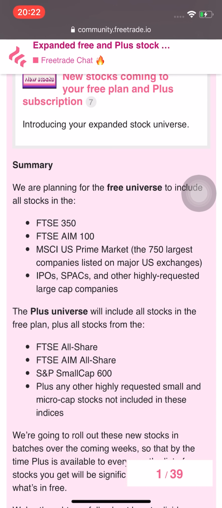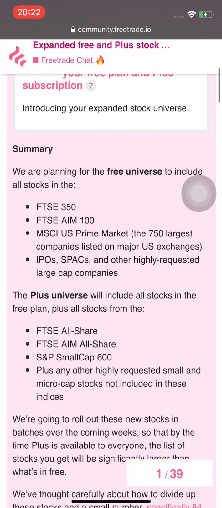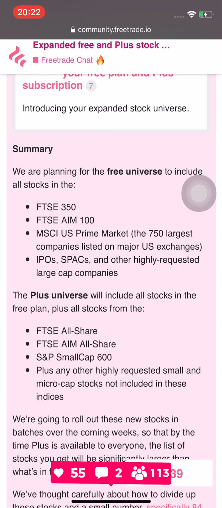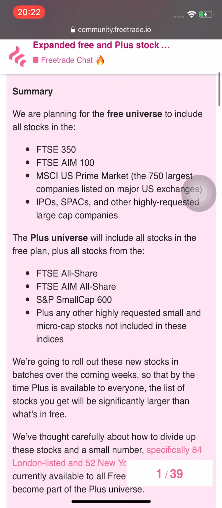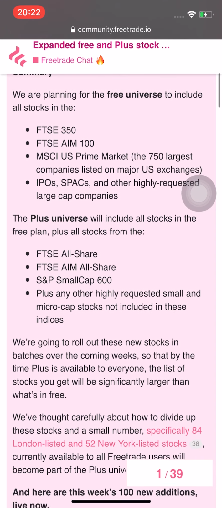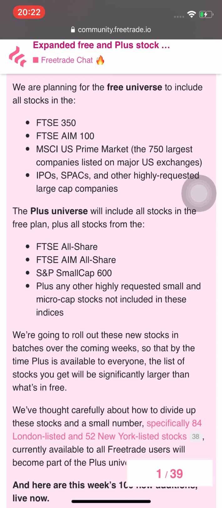So the free universe will include the FTSE 350, the FTSE AIM 100, the MSCI US Prime Market, and the IPOs, SPACs, and other highly requested large cap companies. Whereas the plus universe, which is their premium access for $9.99 a month, will include FTSE All Shares, FTSE AIM All Shares, S&P Small Cap 600, plus any other highly requested small and micro cap stocks not included in these indices.